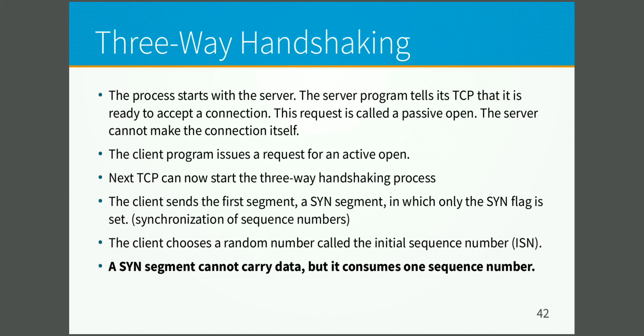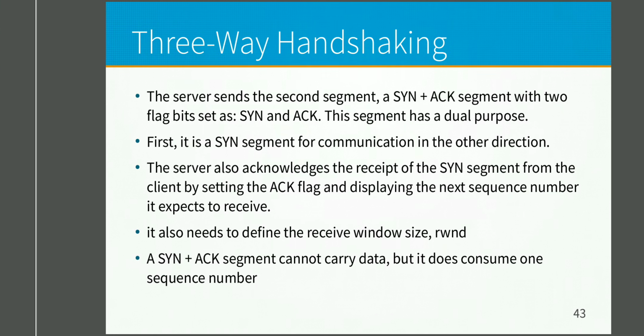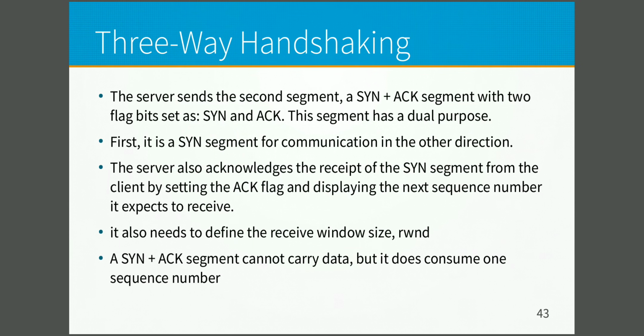So once this segment is sent to the server, in response the server has to do two things. First, it should acknowledge the receipt of the SYN segment that was sent from the client, and at the same time it should also send a request for opening another data connection in the opposite direction from the server to the client.